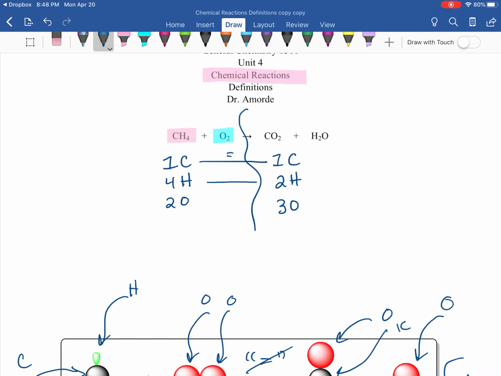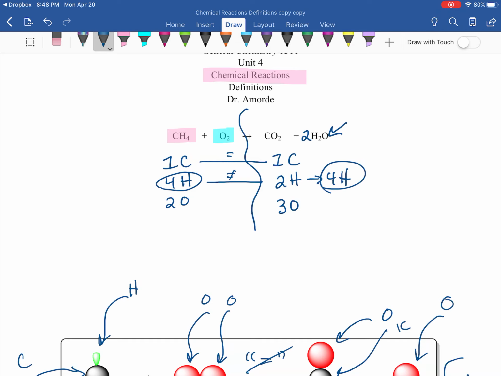So with my CH4, my carbon, those are equal. I don't have to do anything. But now the hydrogens are not equal. So if I've got 4 on this side, how do I get 4 on this side? Well, the only place you have hydrogen is your water, so you're going to have to multiply that whole thing by 2.